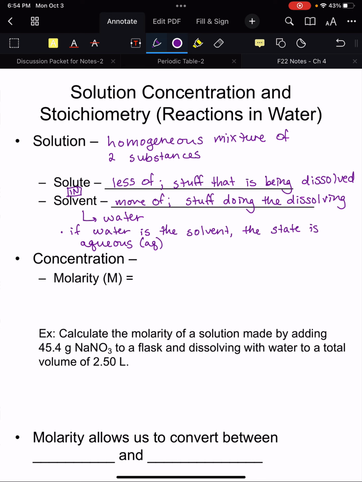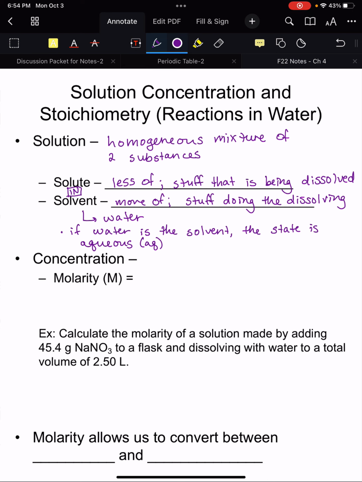When we're thinking about chemistry though, and we want to do some reactions, we have to have a way to actually communicate how much stuff we dissolved in our solvent to make the solution, because we want to be able to do reactions and still do stoichiometry to predict how much product we should make, but we don't have grams written anywhere.